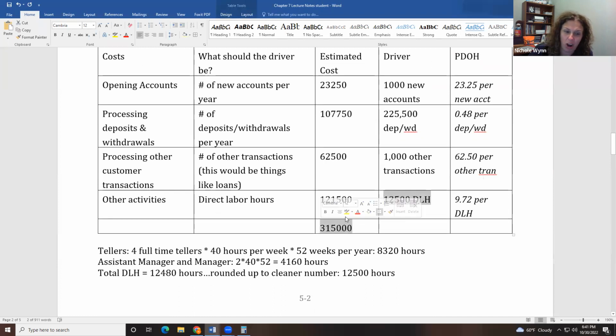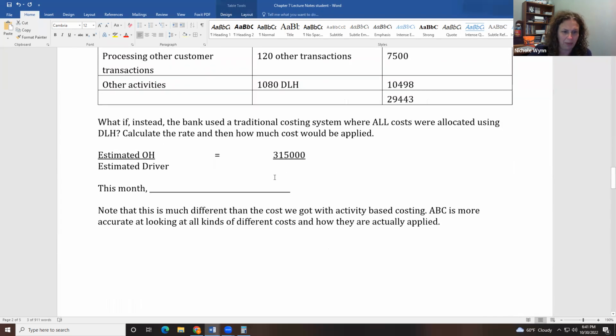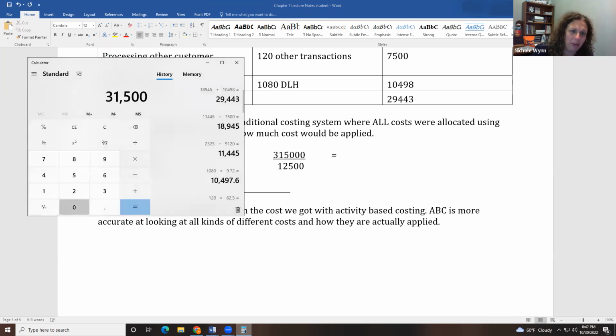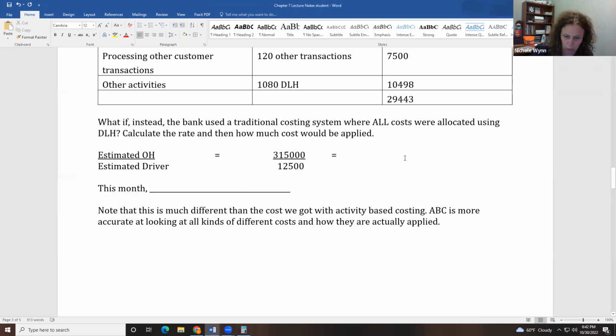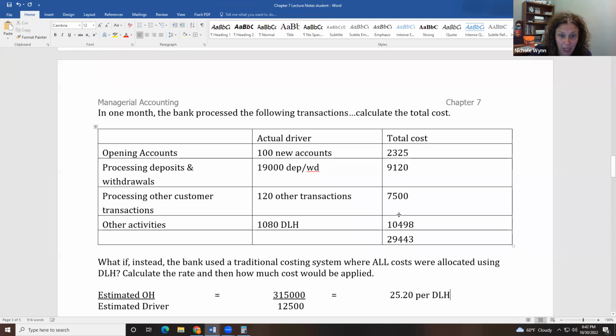So I'm going to take all of these costs and instead of having all these different rates, I'm just going to say everything is based on direct labor hours. So I'm going to divide by 12.5. Okay. And so when I come up with this, my new rate is going to be 315 divided by 12,500, 25.2 per direct labor hour, which is very different than up here.